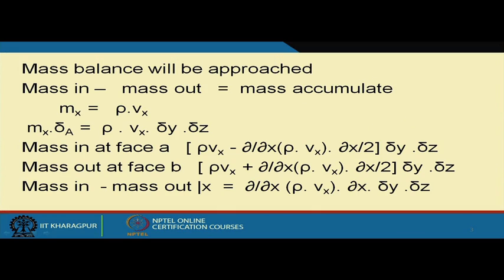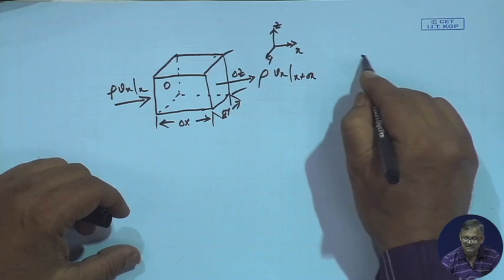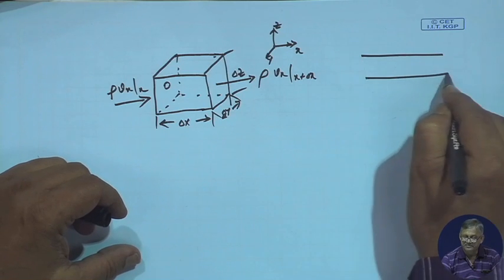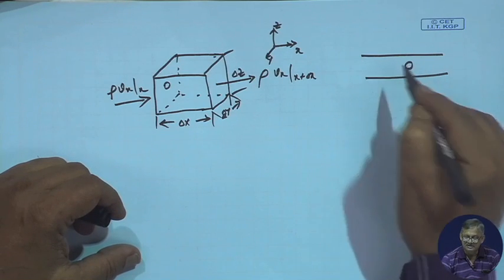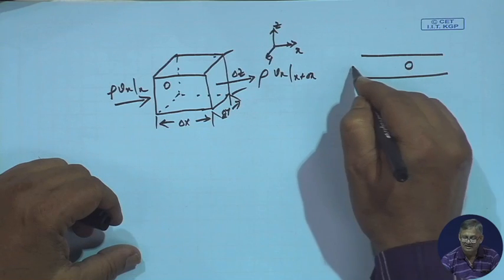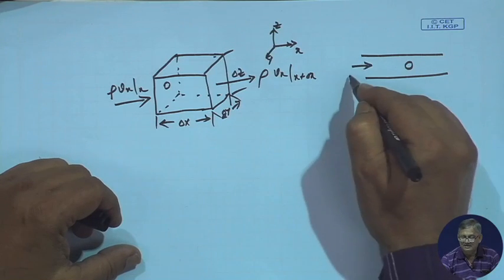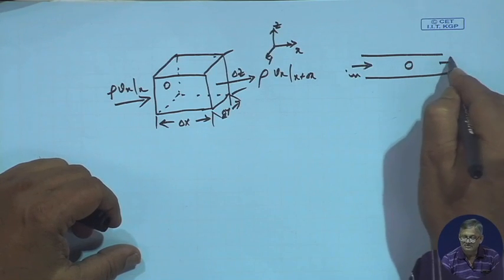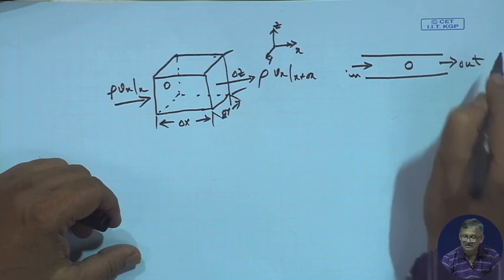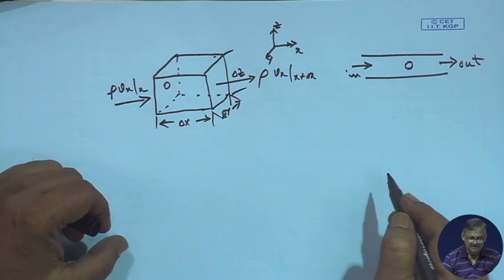The basic equation is based on mass balance: mass in minus mass out should be mass accumulation. You remember we had given this kind of example in a pipe, taking a volume element with flow in and flow out.